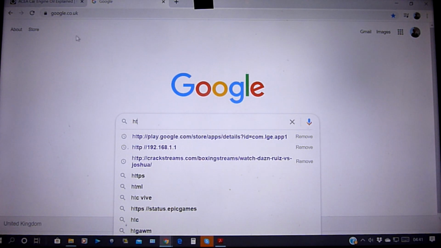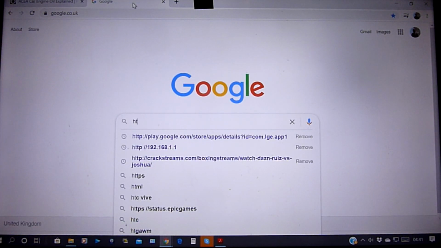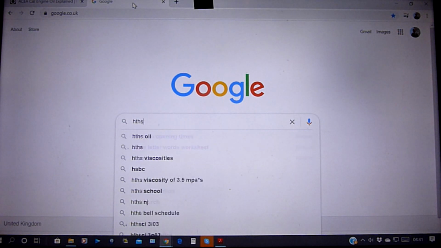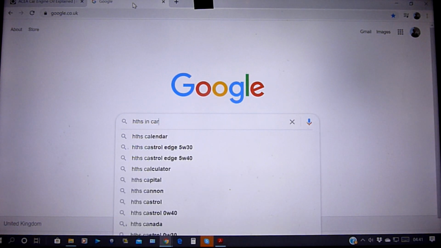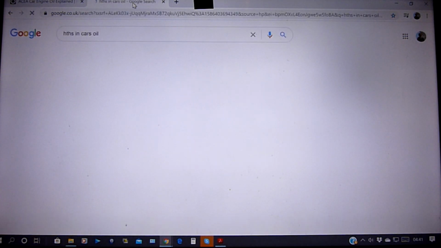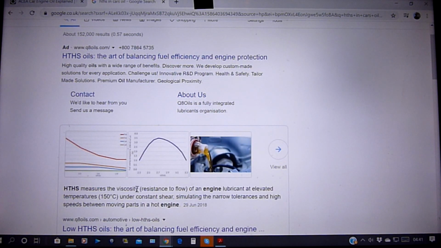What was that? HTHS in cars. You are balancing fuel efficiency and engine protection. It measures the viscosity, resistance to flow at elevated temperature, simulating narrow tolerances and high speed moving parts.